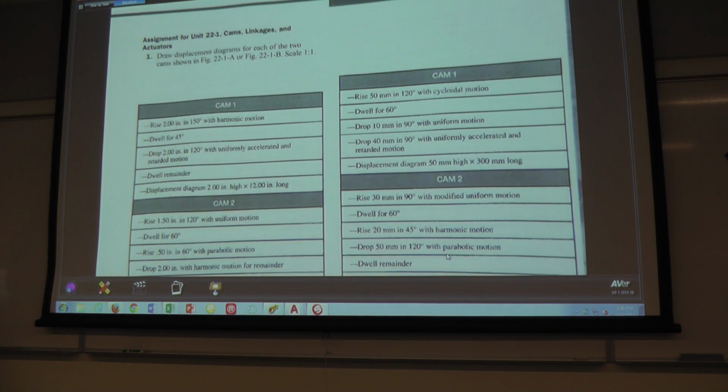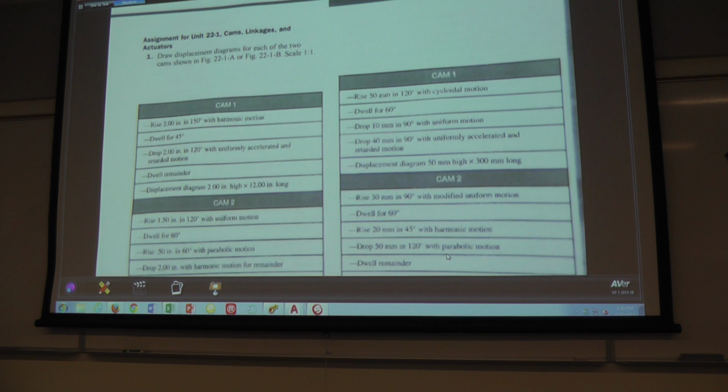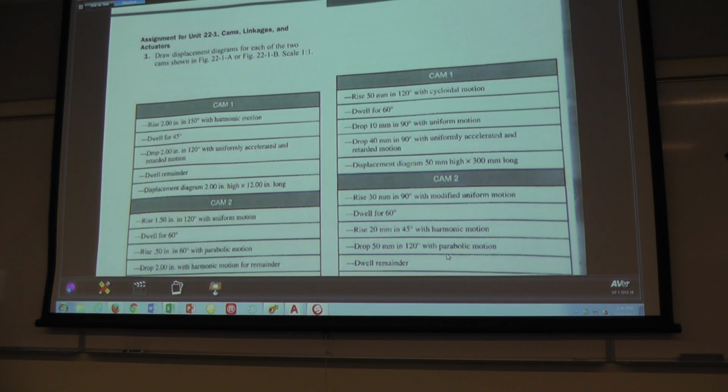To create the profile, you are going to have a rise of 2 inches in 150 degrees with harmonic motion. Then there is a dwell of 45 degrees. Then there is a drop of 2 inches in 120 degrees with uniformly accelerated and retarded motion. There is a dwell for the remainder. That is what will produce the profile of the cam.